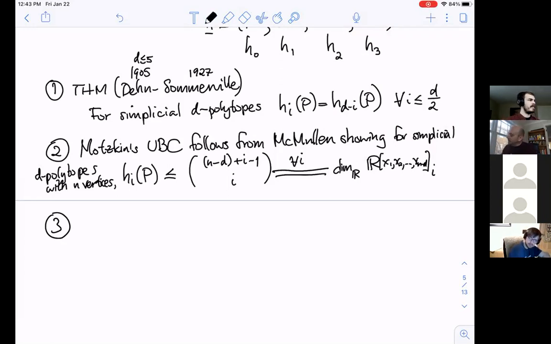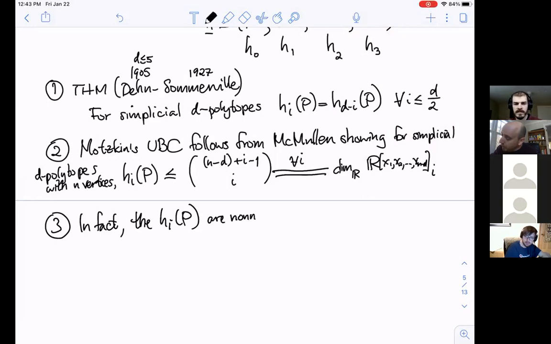And in fact, one of the things that people started to conjecture is that not only are those h_i entries palindromic, but they're non-negative and they're unimodal.